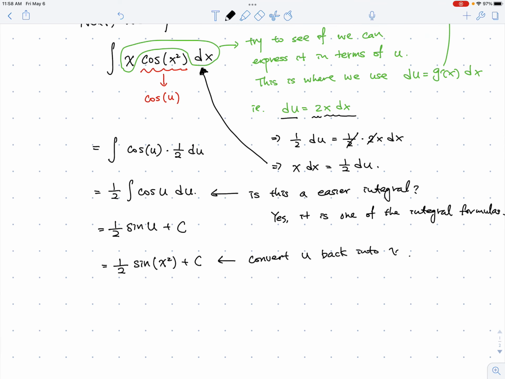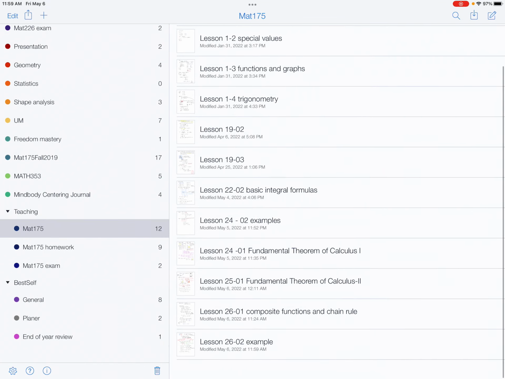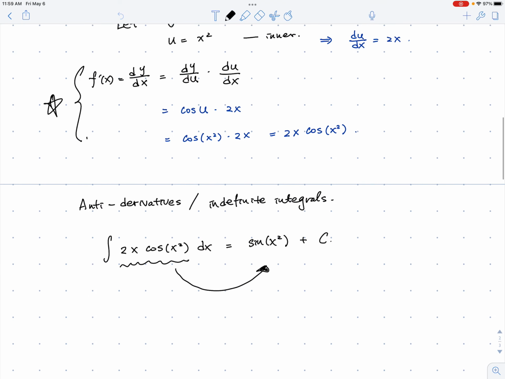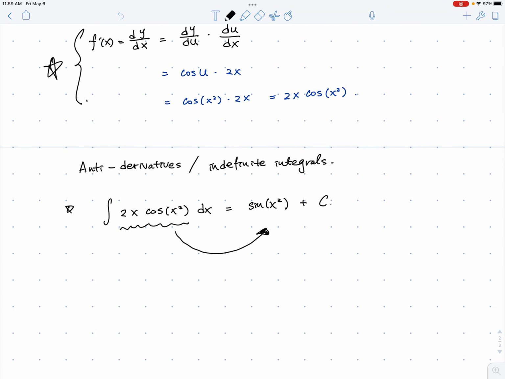Altogether, this says the antiderivative of x cosine x squared is equal to 1/2 of sine x squared plus any constant. This is the same result as what we had in the previous example.